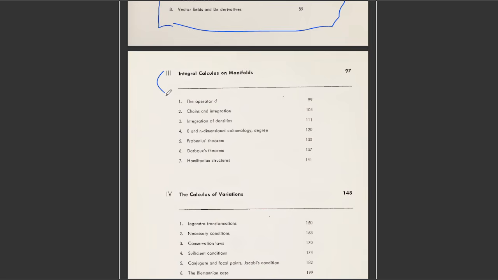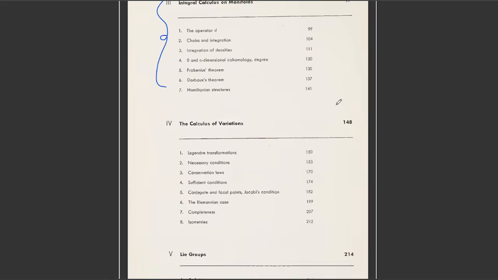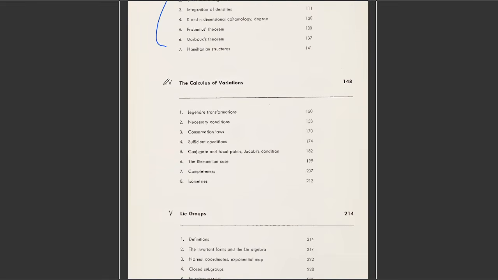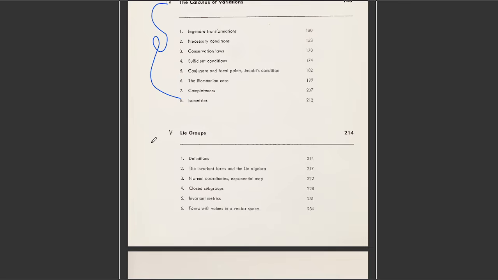Really, we want to know how do we decide to measure volumes or fluxes through surfaces and orientations in such a way that is invariant. And you can think about motion as well as defining the calculus of variations, and also Lie groups as well.